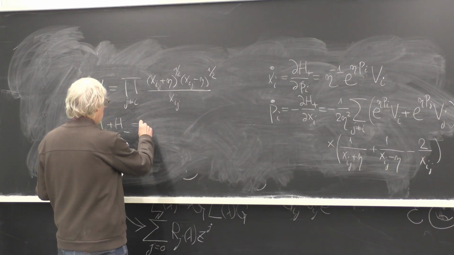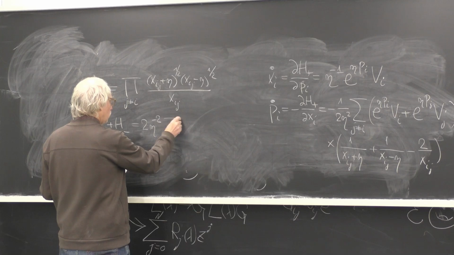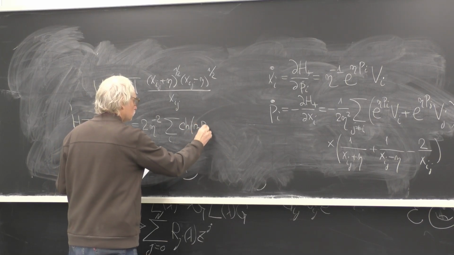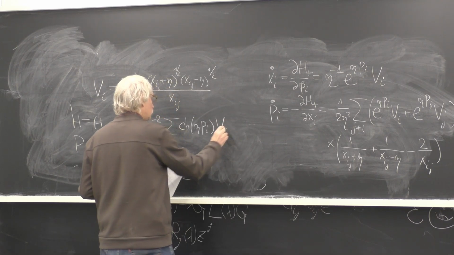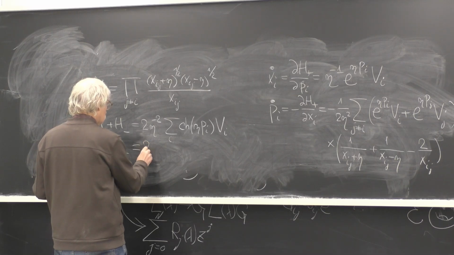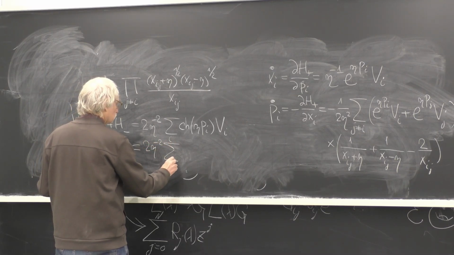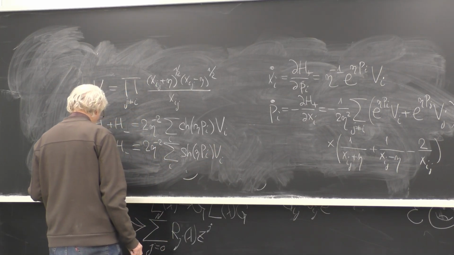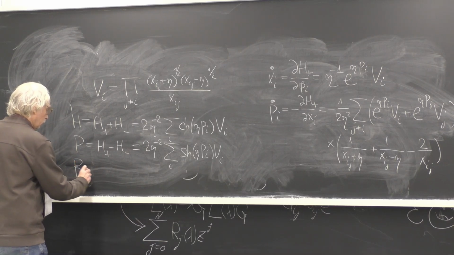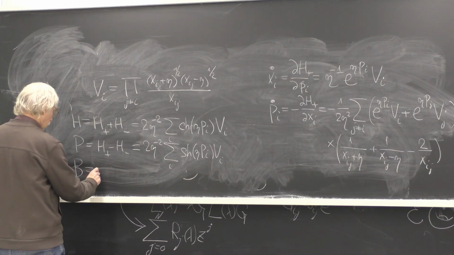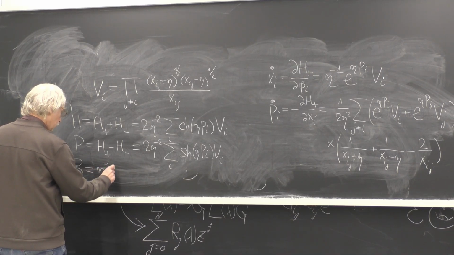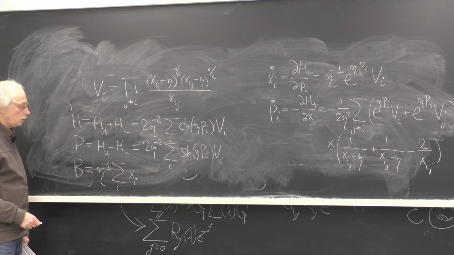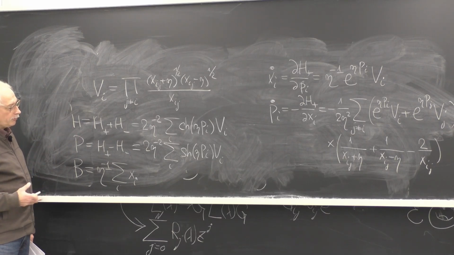So this one is 2 e to the minus 2... and a third quantity called B, which is just the coordinate of the center of mass.